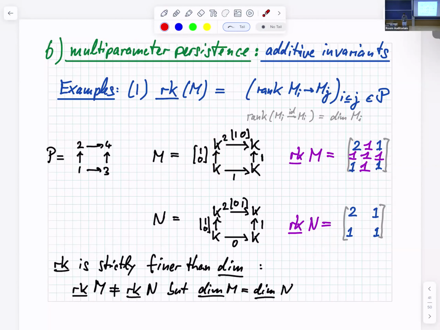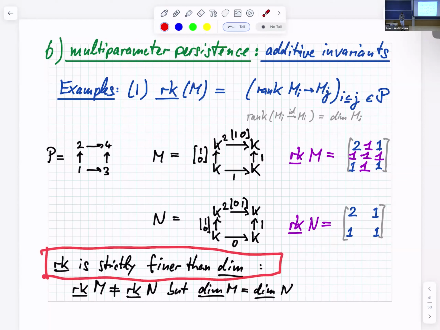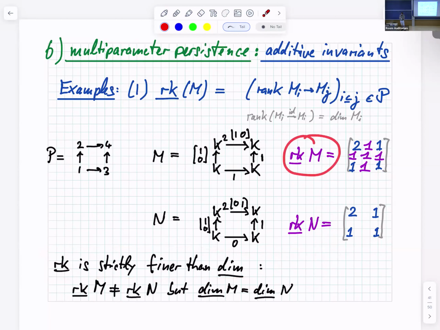Okay. So let's go back to this confusion I was noting right before. I want to see that the rank is strictly finer than the dimension, because as we see, the information of all the ranks includes the dimension. So if I compute all the ranks, in particular, I compute all the dimensions.